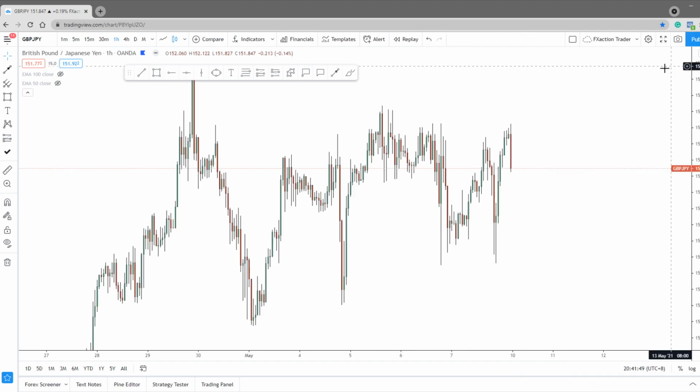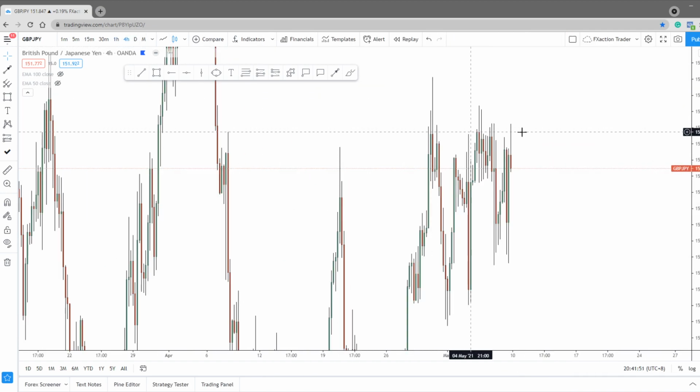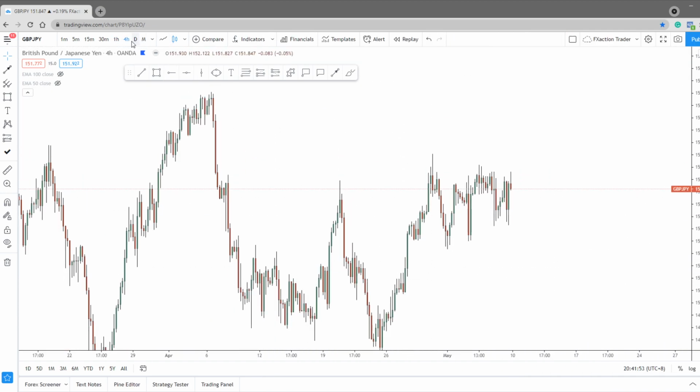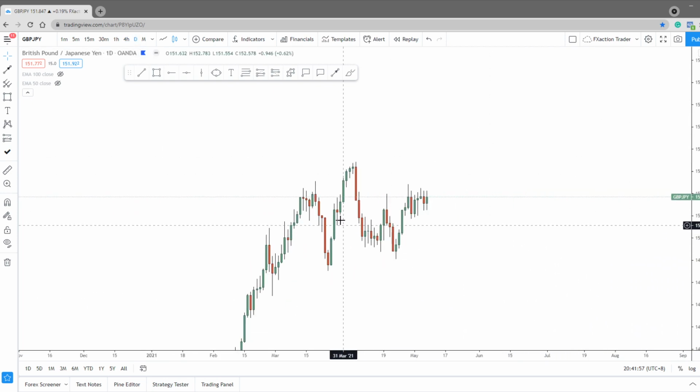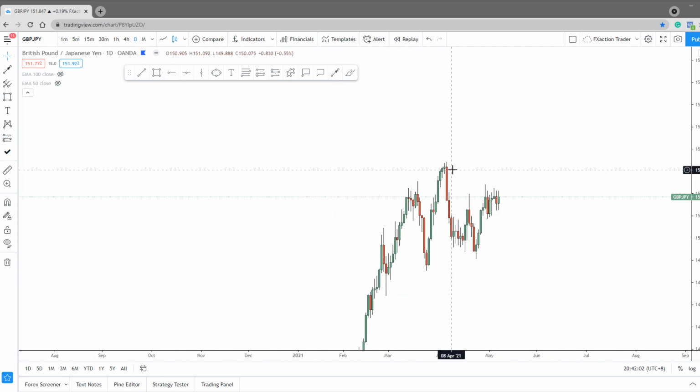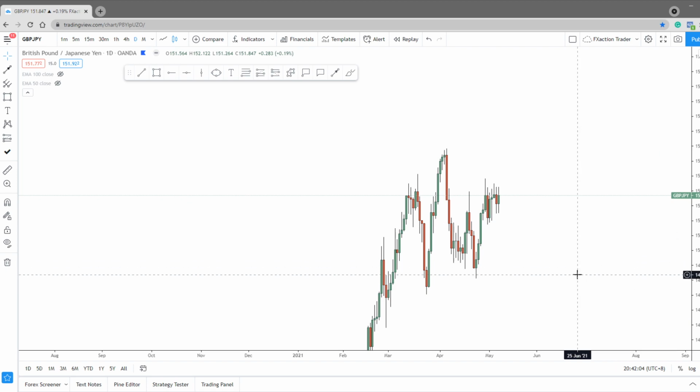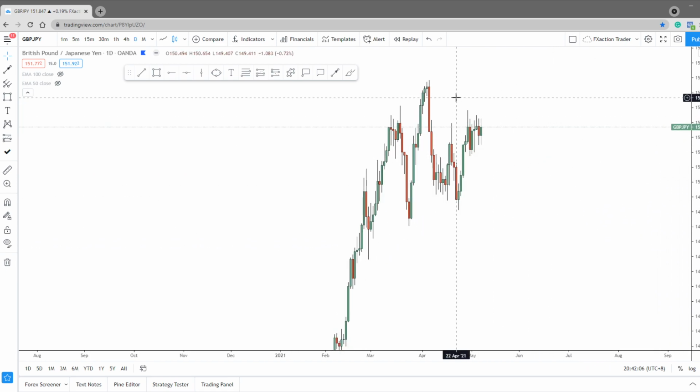So let's have a look at the Pound Yen. The Pound Yen is slightly tricky compared to the Euro Yen, because on the daily chart, the market still did not show us a very strong trend continuation signal, although the previous trend was an uptrend.